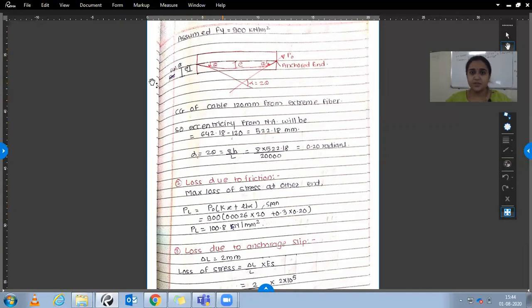This is the beam, and this is the eccentricity, and they have given that the CG of the tendon is located at 120 mm from the bottommost fiber. This 642 is the y bar from the bottom. So we'll subtract that and we get this value of eccentricity E as 522.18 mm.